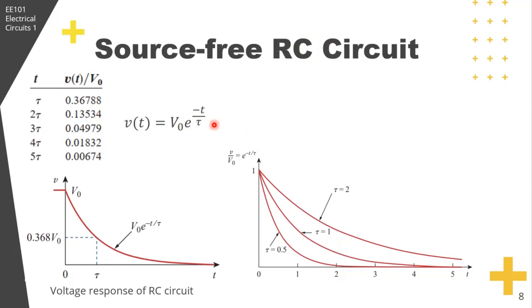If we say it in another way, the smaller the time constant, the more rapid the voltage decreases, or the more rapid ka maka-charge or maka-discharge. That is, the faster the response, in short.